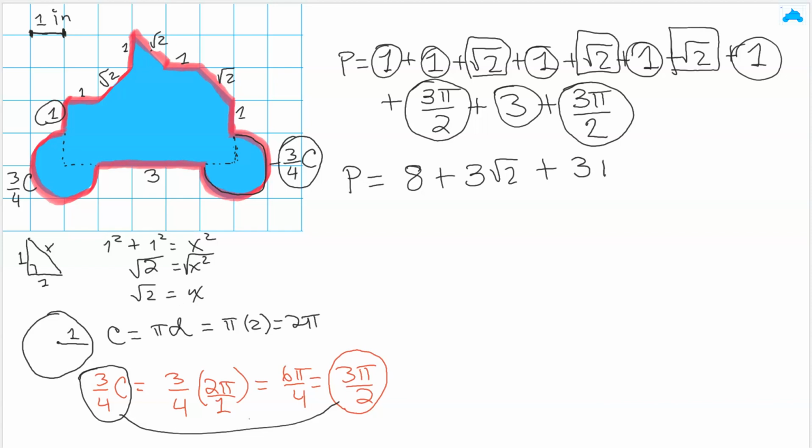That means you have 3 pi. So that is the perimeter, and the unit would be inches.